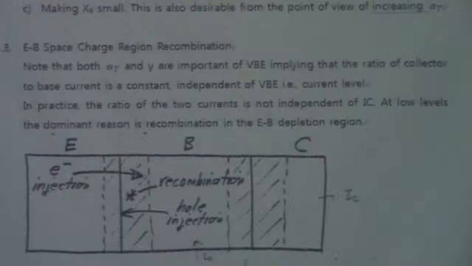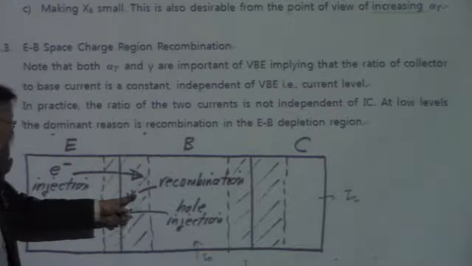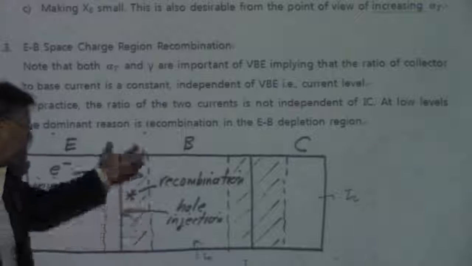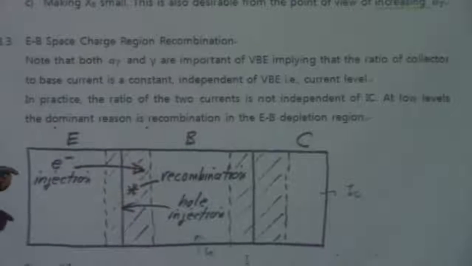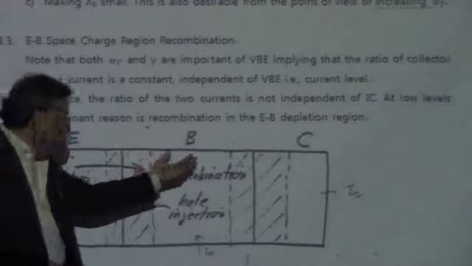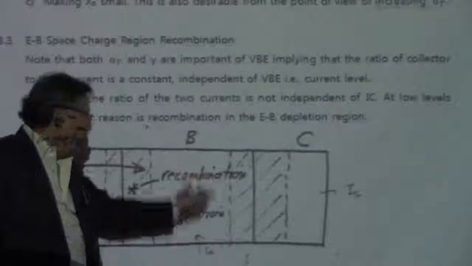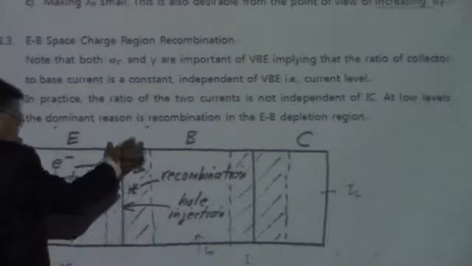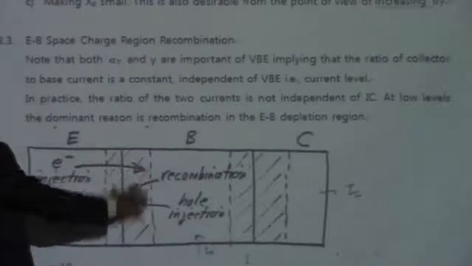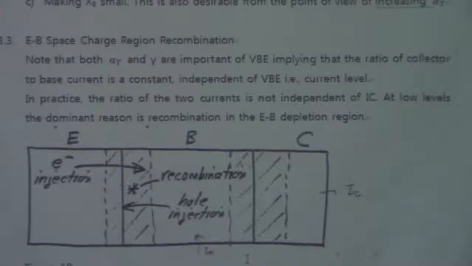And the last section is emitter-base space charge region recombination. This is recombination that happens in the space charge regions. The first thing was recombination of electrons in the base, and here we are going to talk about recombination in the space charge region. Let's see how we can develop the equations for this.